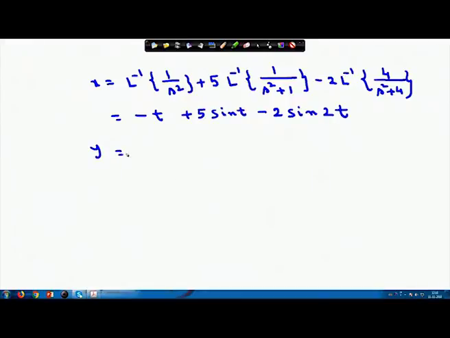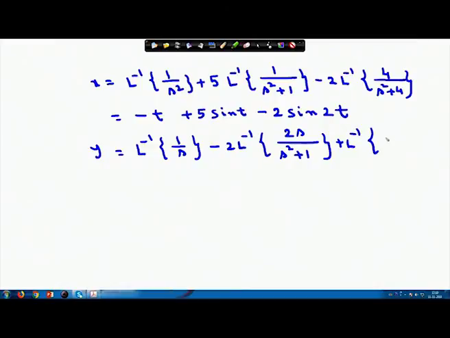In the same way, I can write y equals Laplace inverse of 1 by s minus 2 into Laplace inverse of 2 s by s square plus 1 plus Laplace inverse of s by s square plus 4.